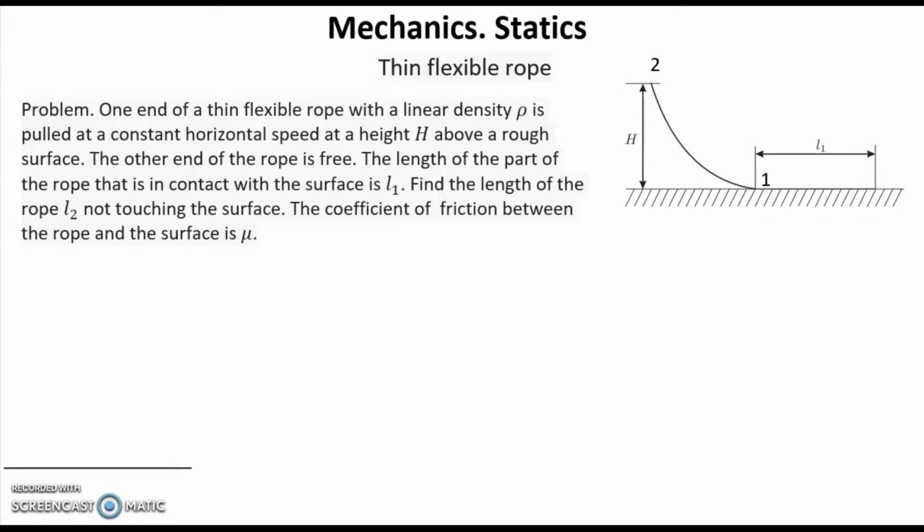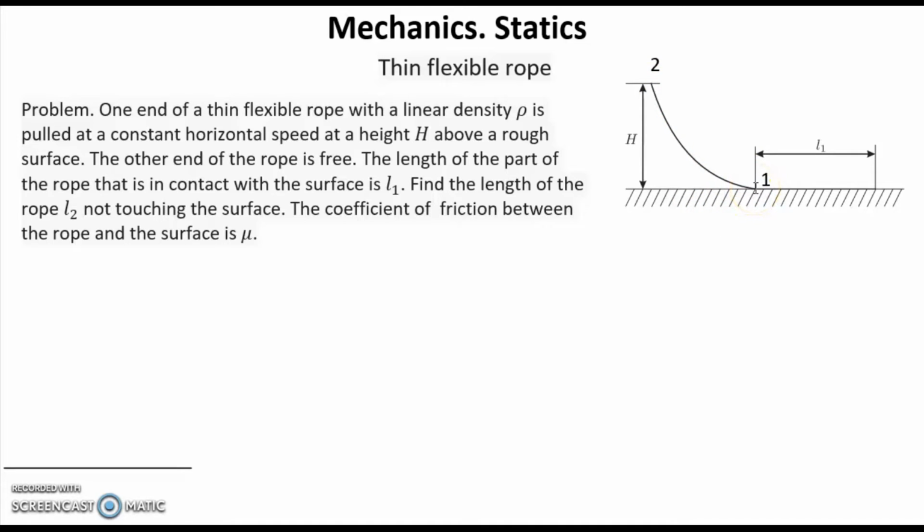Solution. First of all, we have to check forces acting on the free end of this rope, which we need to find the length. So we have two ends, end 1, lower end, and end 2, high end.